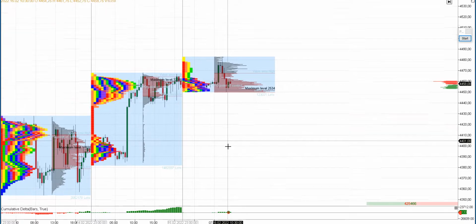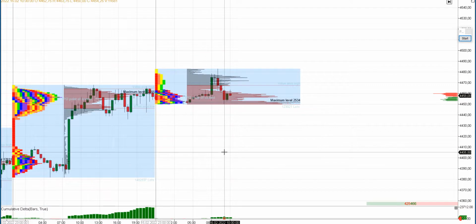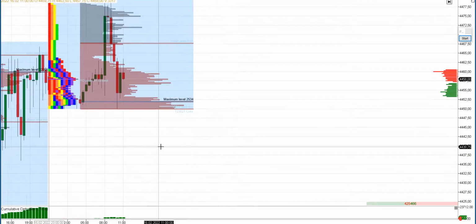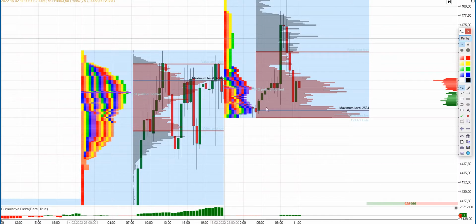Then it looks like this, and it's pretty easy because I can see straight that this point of control from the volume area, all right, I explained yesterday, never trade in an area where there are the most players, because there you have movement that is not easy to control.